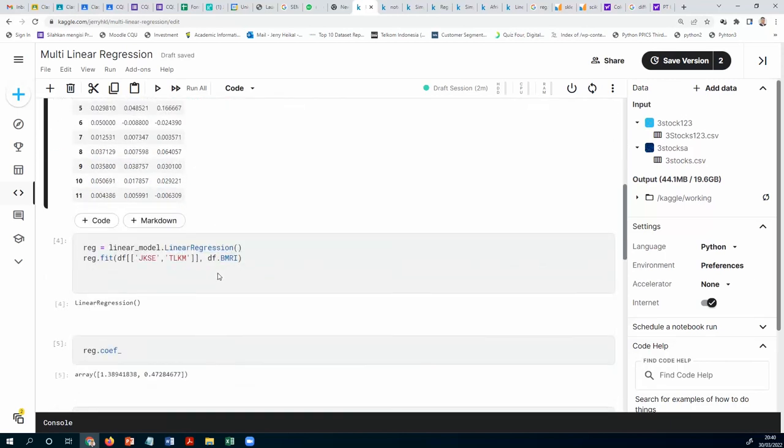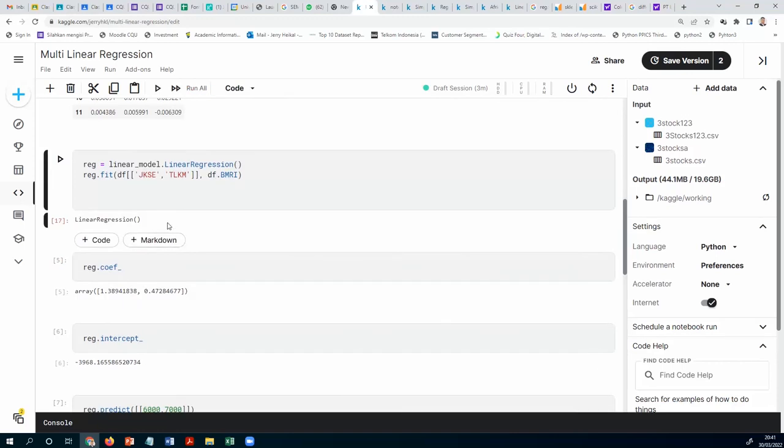Then we put reg equals linear_model.LinearRegression(), and reg.fit the data frame with two X variables, Jakarta Stock Exchange and Telkom, and the data frame of Bank Mandiri.